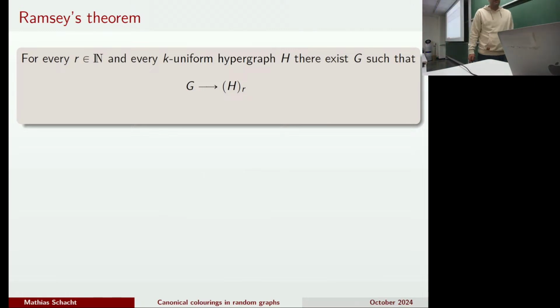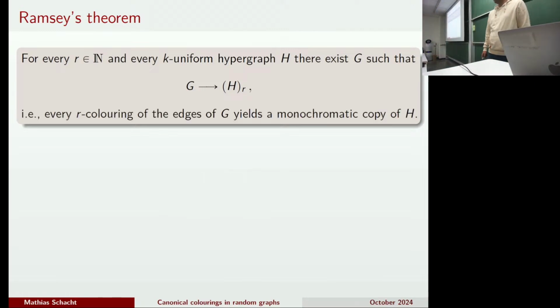It just means that for every r-coloring of the edges of G, we find a monochromatic copy of H. There's some ambiguity about what monochromatic copy of H means. Sometimes people are interested in only induced copies and so on, but here it won't matter so much. Just think about a normal copy.